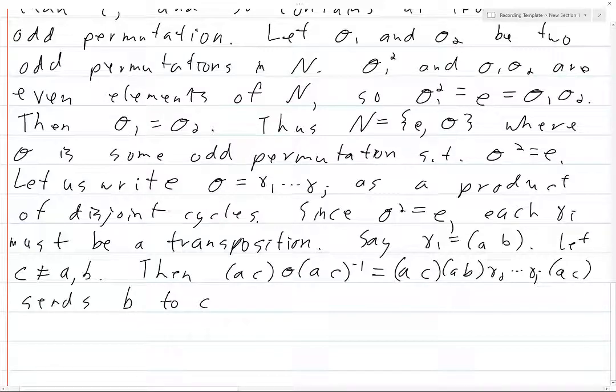Okay, so B, when we're looking through this permutation and seeing where B goes, moving from right to left, of course, because permutations are weird like that. The first thing that happens is we get to AB, and B gets sent to A, and then at the next transposition, A gets sent to C. And so we have B getting sent to C in the end.